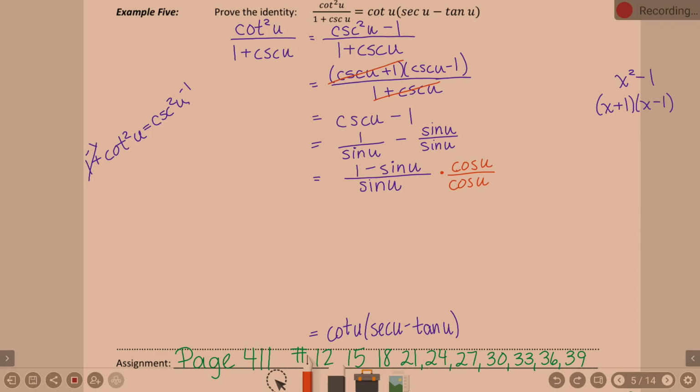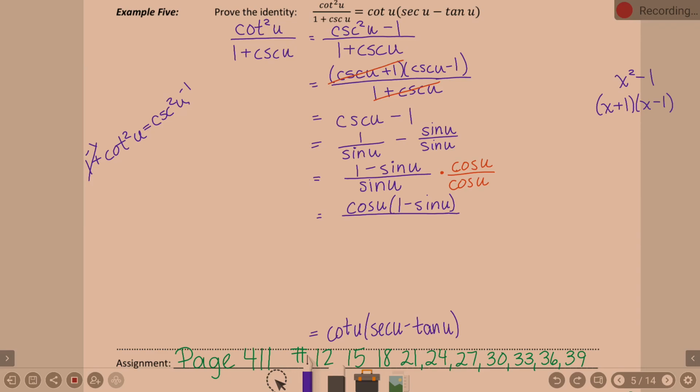I'm going to rewrite now. On top, I'm going to put the cosine out front and leave the 1 minus sine u in parentheses: cosine u times 1 minus sine u. Are those the two pieces multiplied together?